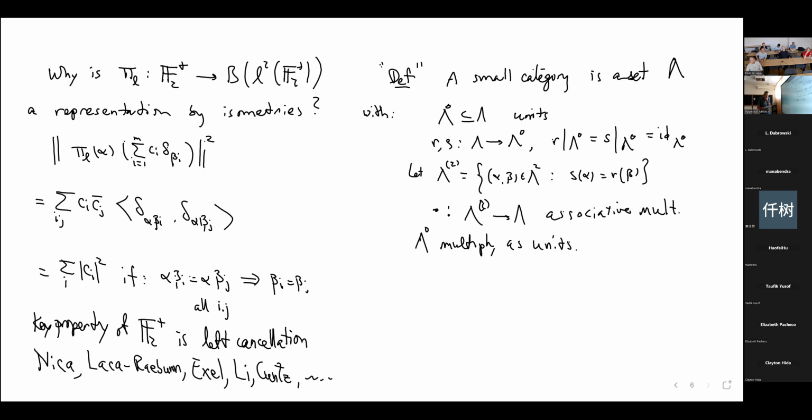Let's see, there is some question on chat. Small equals morphisms form a set. Yeah, that's precisely the lambda. The lambda is the morphism set in this definition. I thought that in a category, for any pair of objects, the morphisms between them are supposed to form a set.